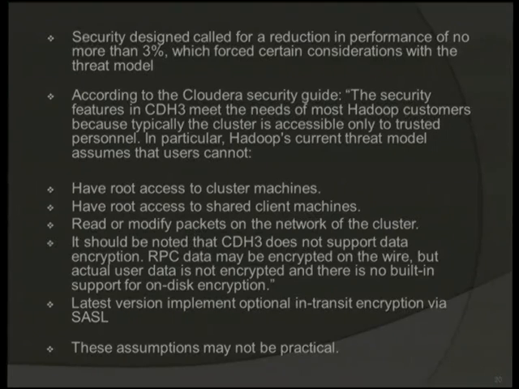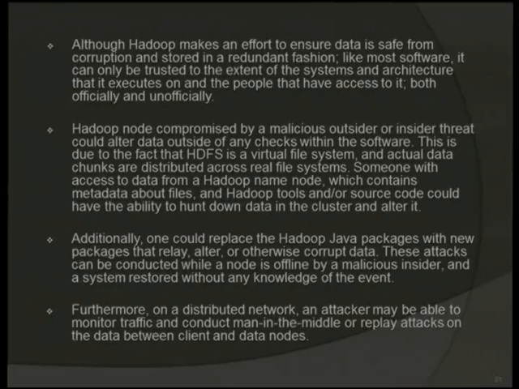And here are some assumptions that the Cloudera security guide says to make for CDH3, which is one version behind the current one. You can see this is pretty typical stuff for a security-conscious organization, but it might not be practical under certain conditions.